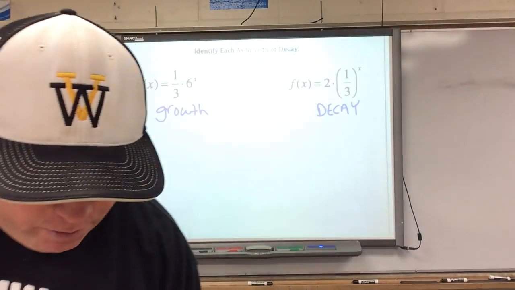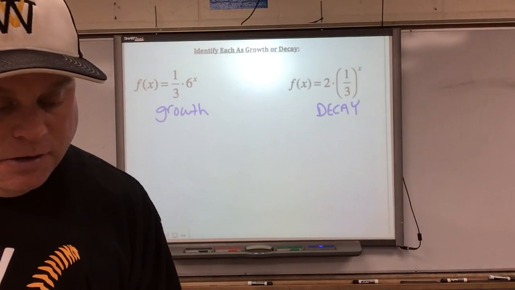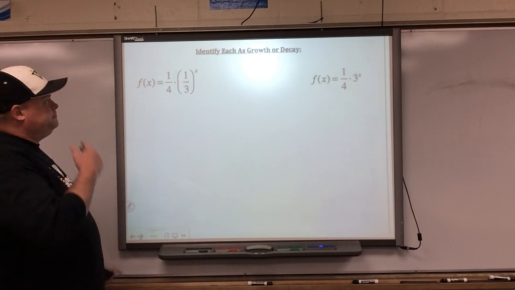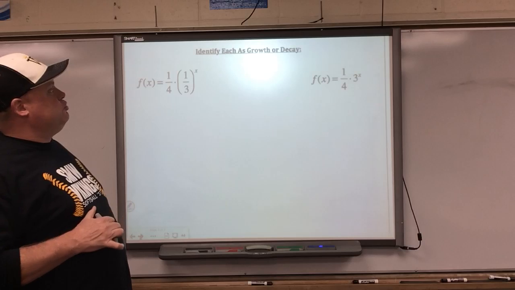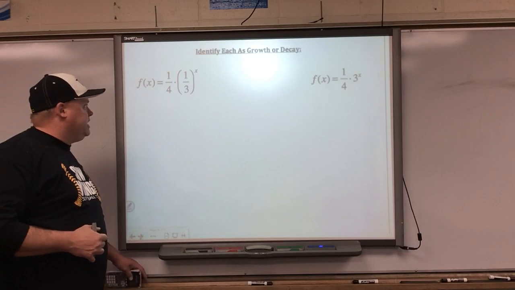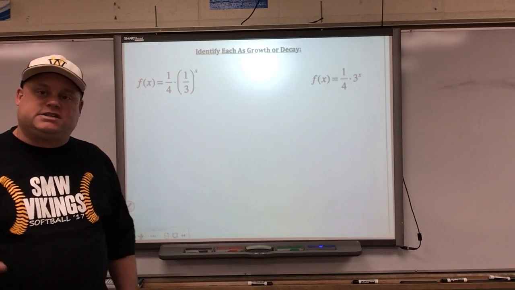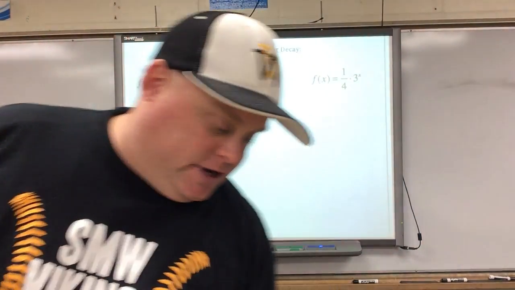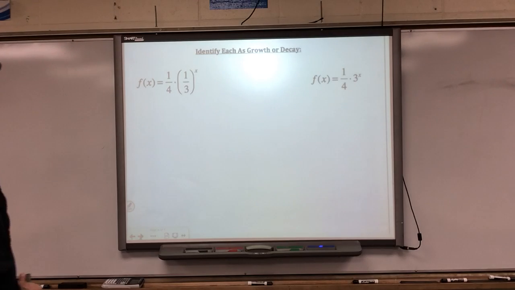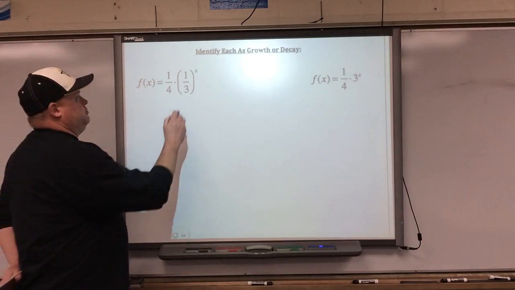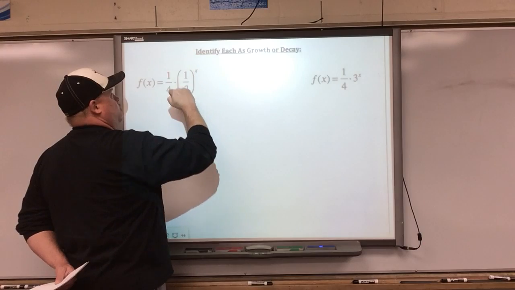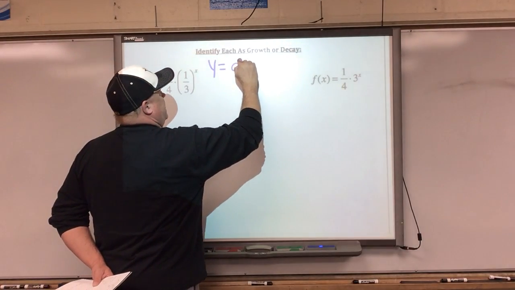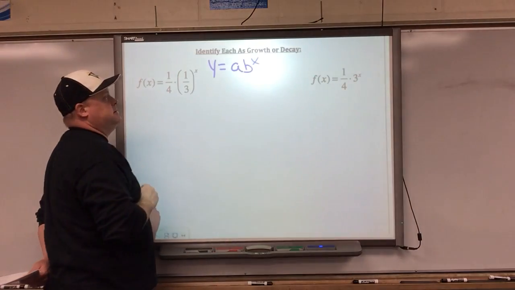All right, so turn your page. Now I'm going to do the same. Identify each as growth or decay. And how can I do that? Just by looking at the equation. I know that my b term, which is this 1/3 right here, because remember, this is in the form y equals ab raised to the x.